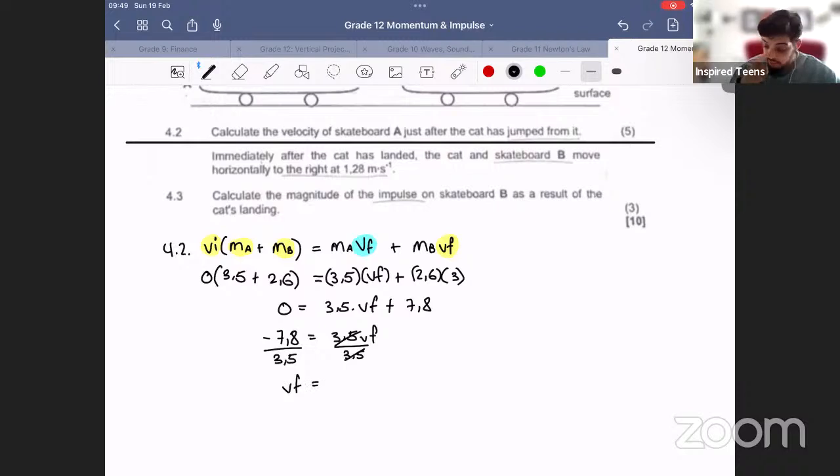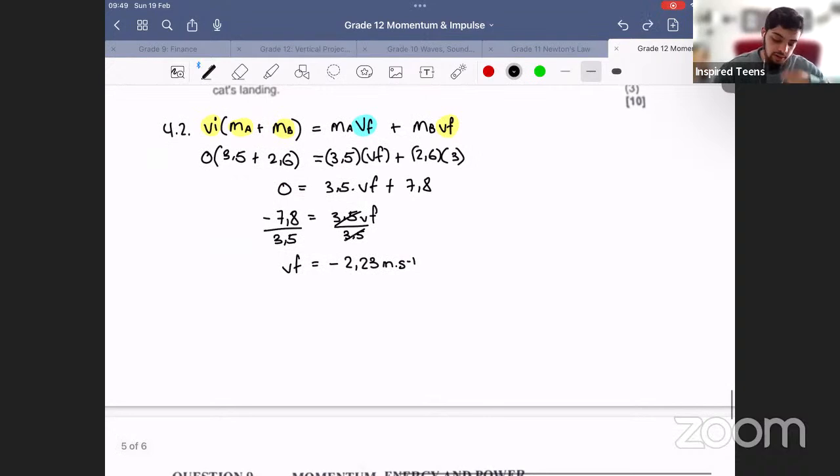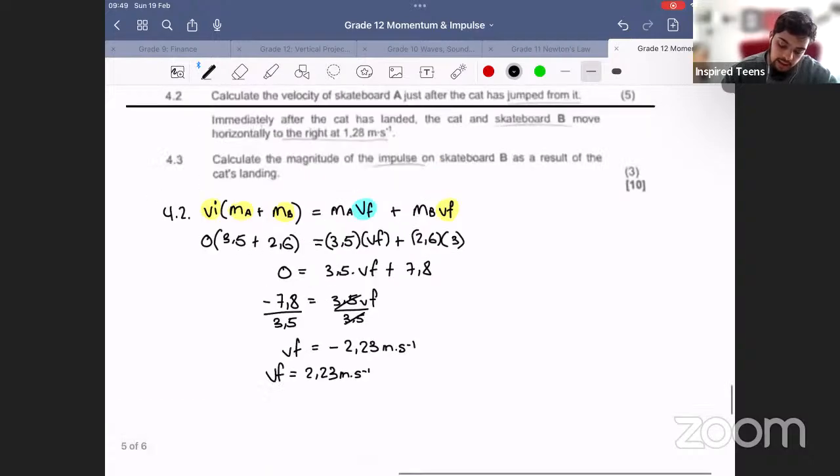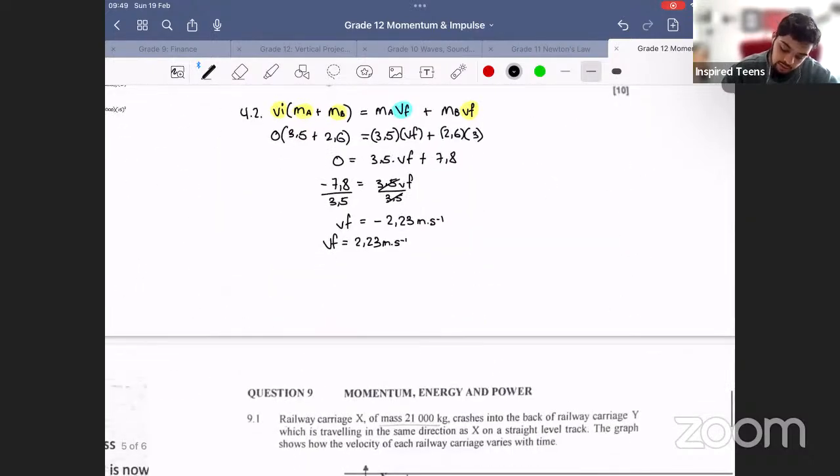You get a V final of negative 2.23 meters per second. That's not our final answer. It's a vector quantity, so we want to leave our final answer not with a negative, but with actual direction. Because it's a negative, we will say to the left.